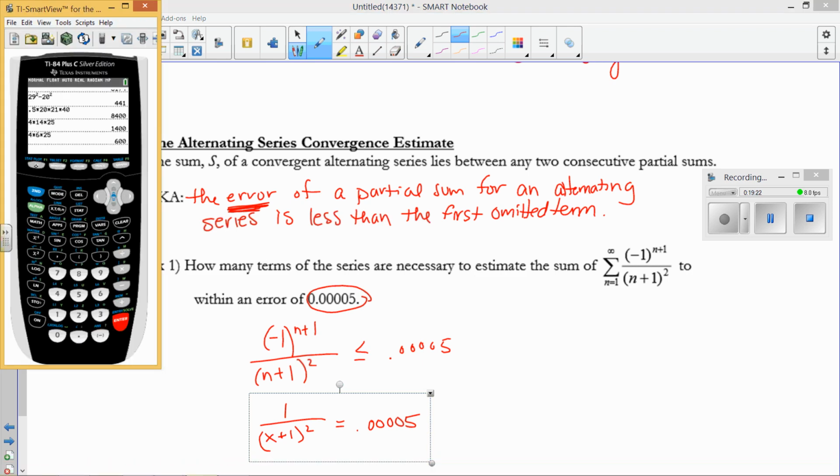So in y equals, I have a fancy calculator on this computer now. So if I go into y equals 1 divided by x plus 1, oops, I forgot my parentheses, x plus 1 squared minus 0.00005.